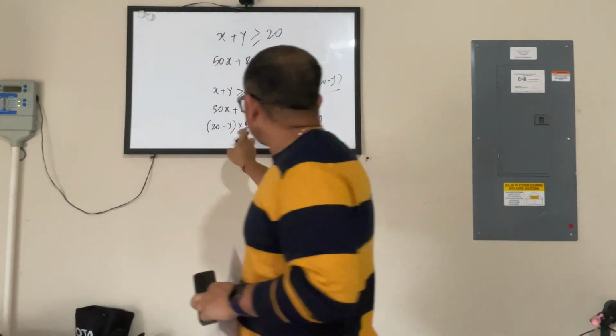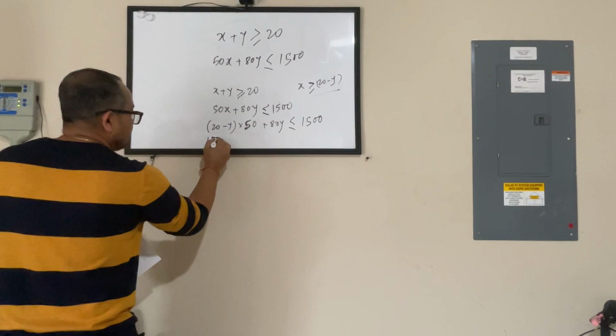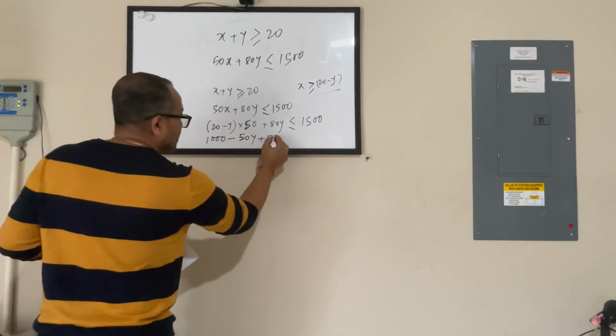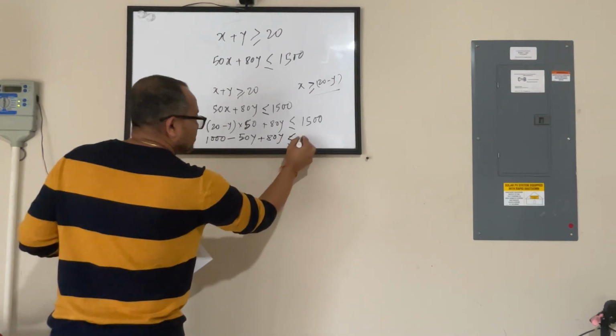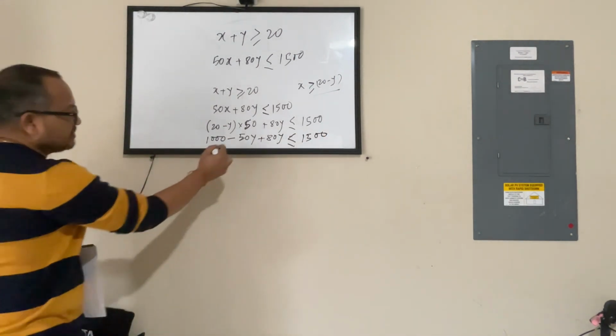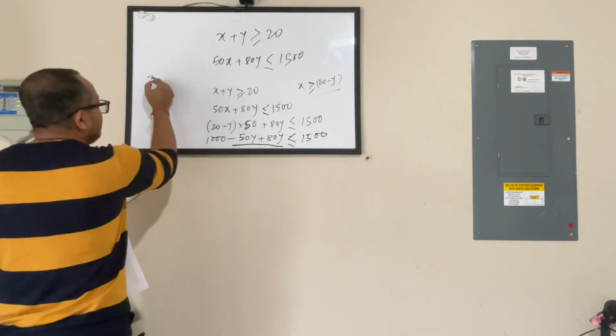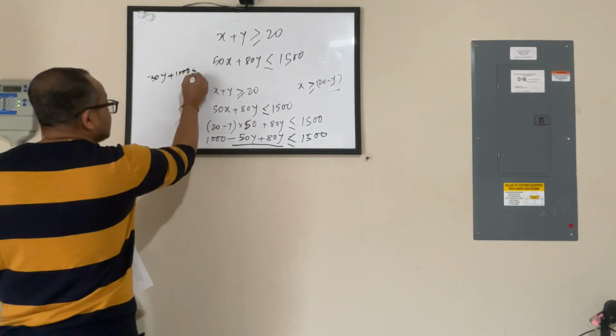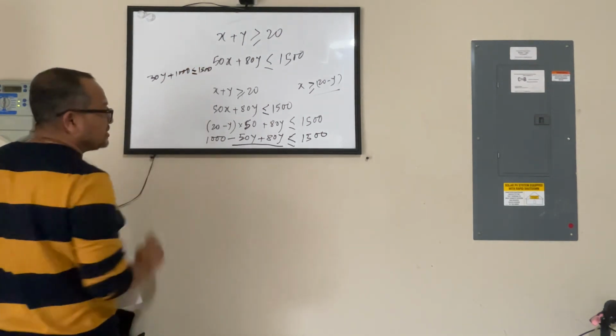So this becomes 20 into 50, that is 1000, minus 50y plus 80y less than or equal to 1500. So this becomes 30y plus 1000 is less than or equal to 1500.